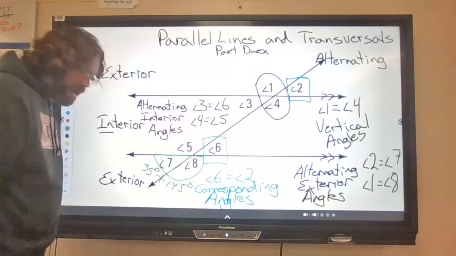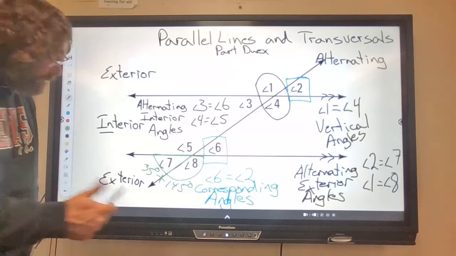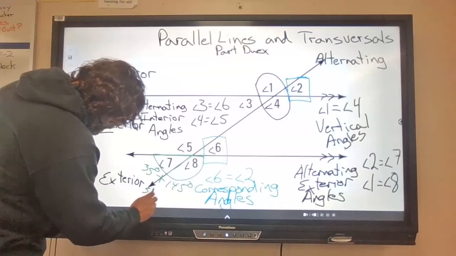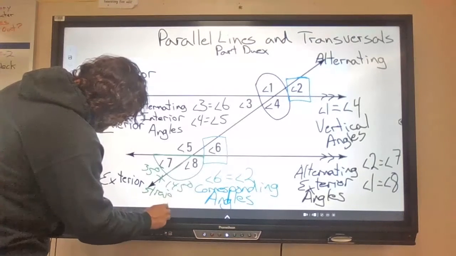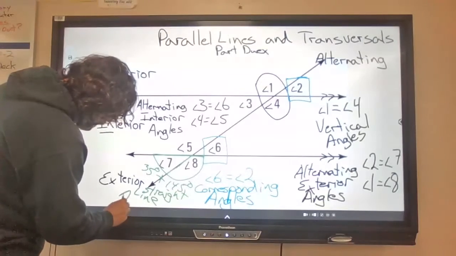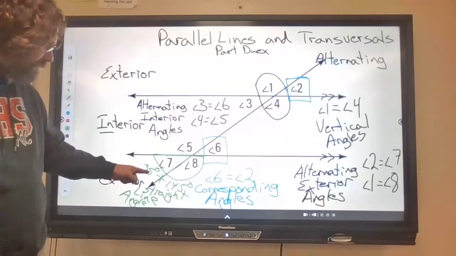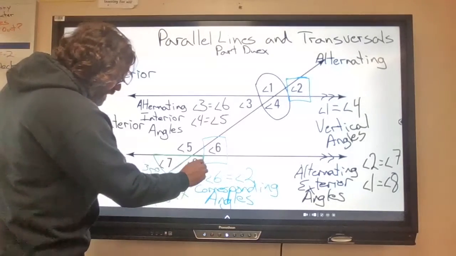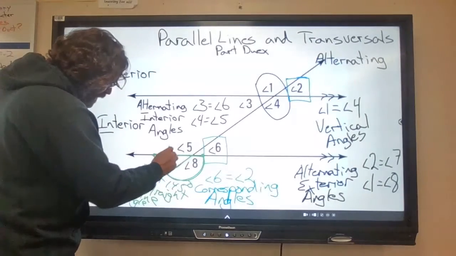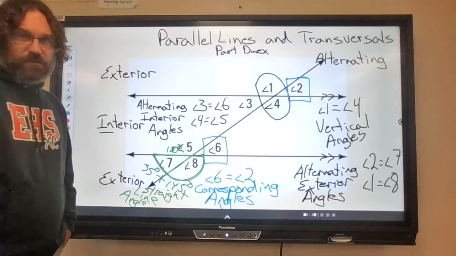What happens when I add those two up? They create a straight line angle, because a straight line going from this point all the way around to this point is 180 degrees.